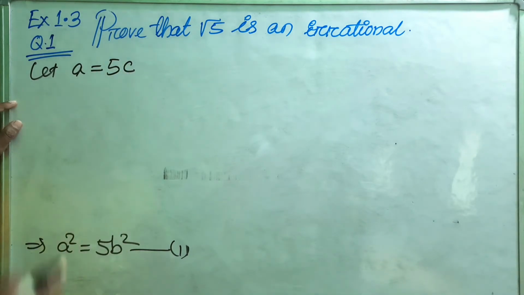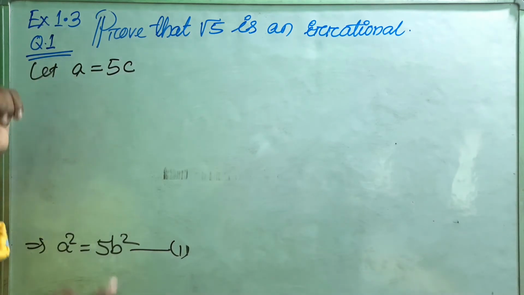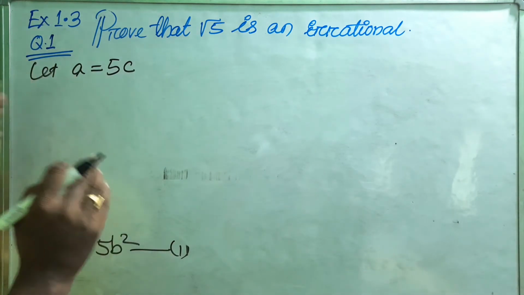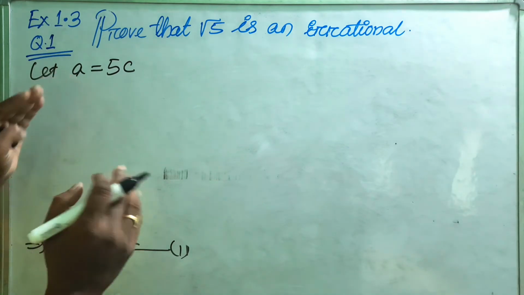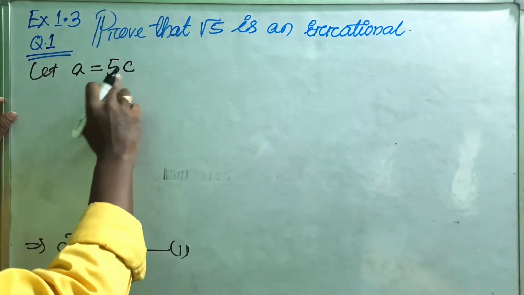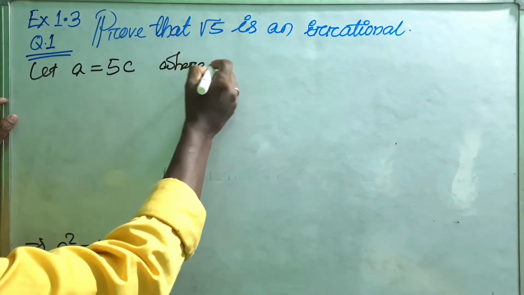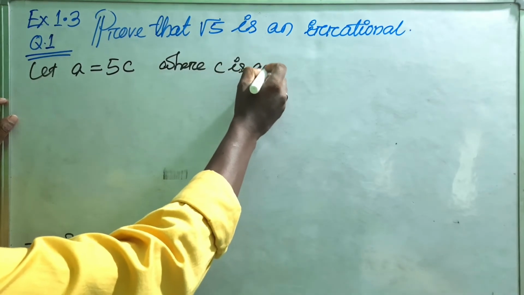Why have we taken a is equal to 5c? Because we have proved that a is divisible by 5. If a is divisible by 5, that means a must be a multiple of 5. So we have taken c as an integer, where c is an integer.